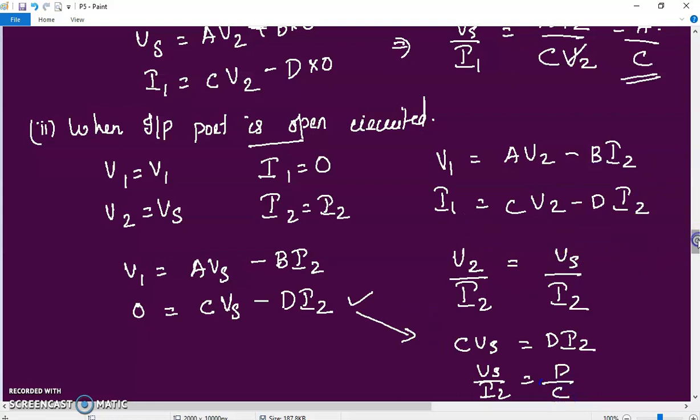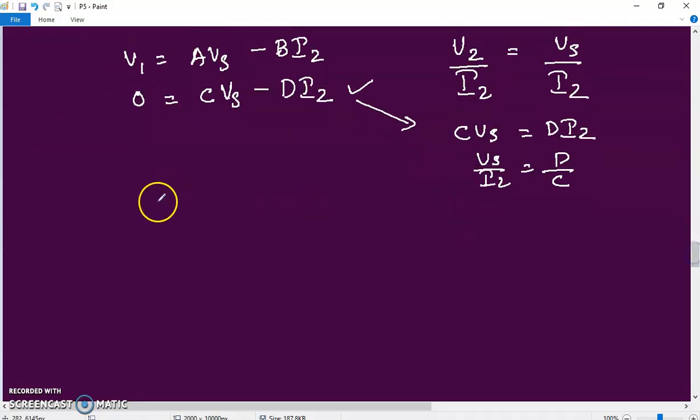So what we need here is that V1 by I1 is equal to Vs by I2.